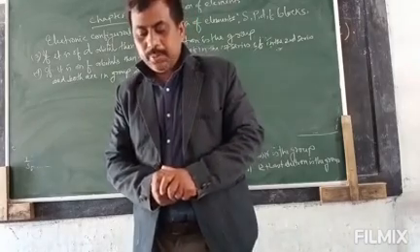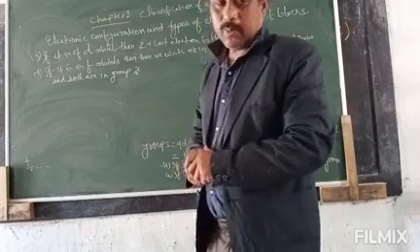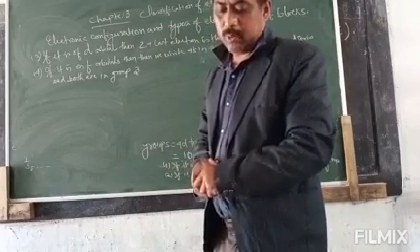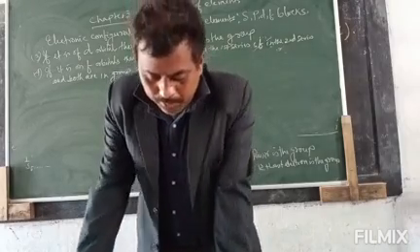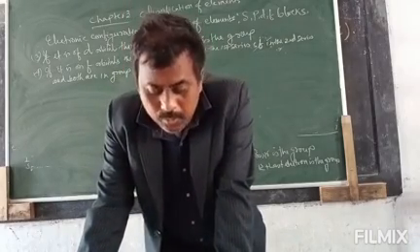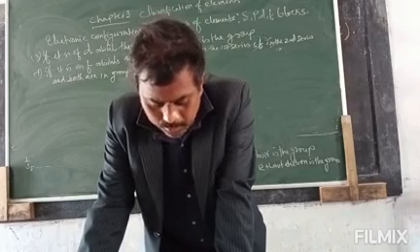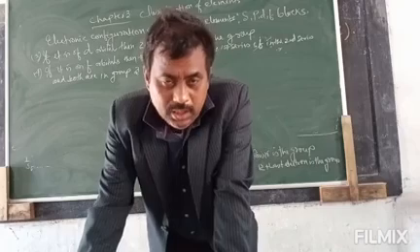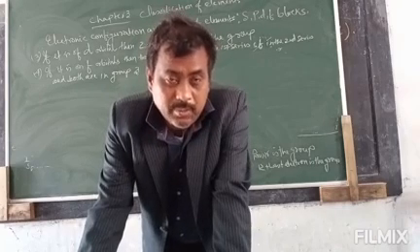So we can classify the elements into 4 blocks, which I already discussed. That means the first one is S block, second one is P block, third one is D block, and the fourth is F block. Then in the S block we have 2 groups, as I already told. One is group 1, your alkali metals, which have NS1 electronic configuration.